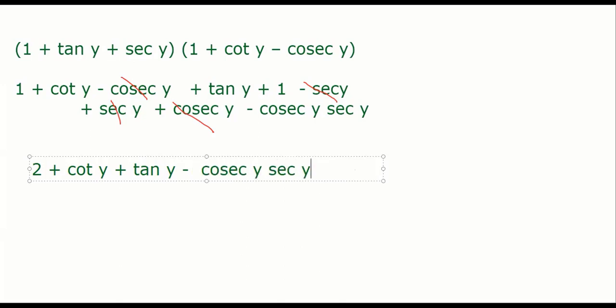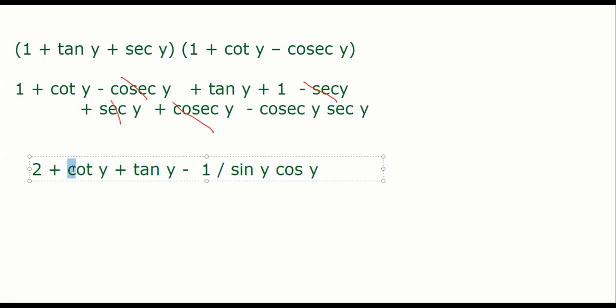Now what? Anything can be done more? It can be done. Yes, sir. Think. Can we write this into reciprocal? So 1 by sine cos. Yes, sir. So I can change this to 1 by sine y cos y. Why have I done it?